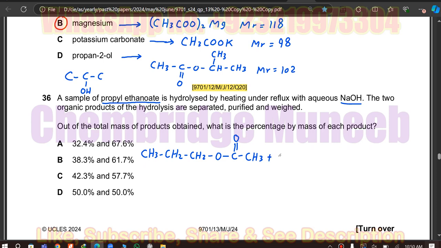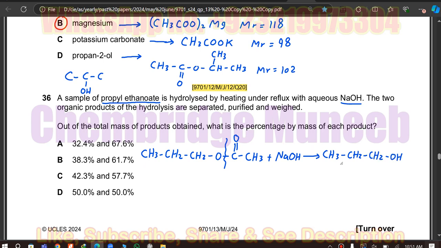Now it will react with the aqueous sodium hydroxide. So it reacts with NaOH, and we know that this is a hydrolysis reaction, and as a result of this hydrolysis reaction, this compound will break down into 2 parts. One of the parts will be the alcoholic part, and the other one will be the carboxylic part. So the alcoholic part will become CH3, CH2, CH2OH.